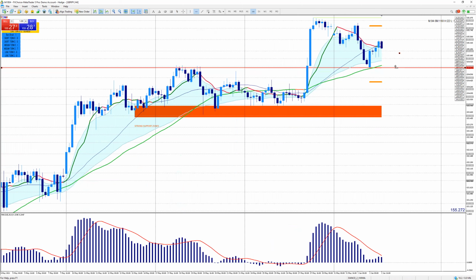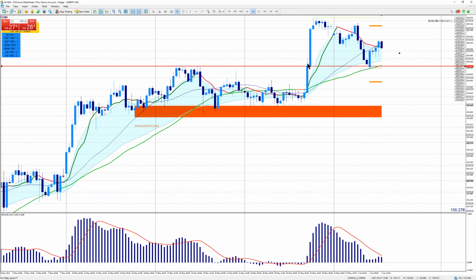So it came right down to that support area. You seeing that? Yes. Okay, absolutely. Took out stops. That doesn't mean it's not going to come down here and grab this. But we'll have to wait and see.